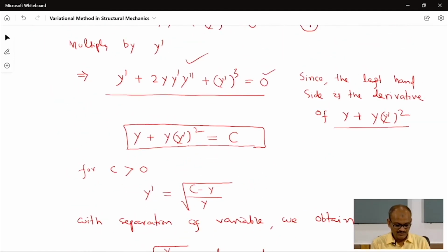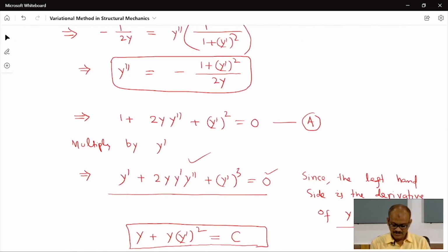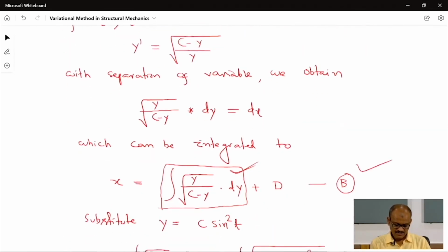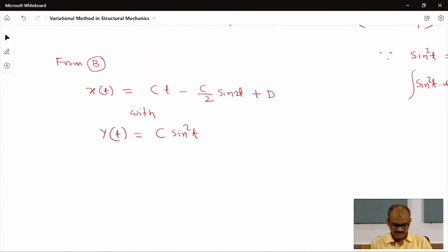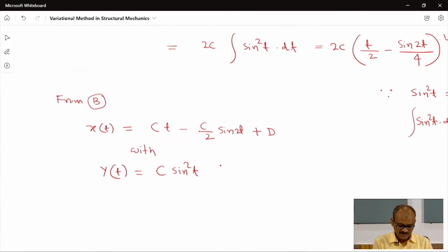We had substituted y is equal to c sin square t, so y of t you can simplify as c by 2 minus c by 2 cos 2t.